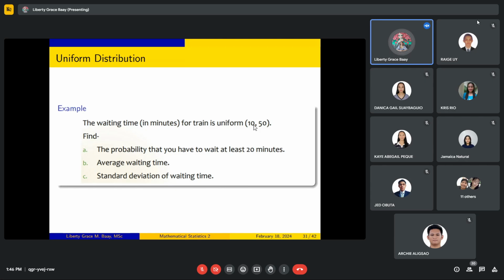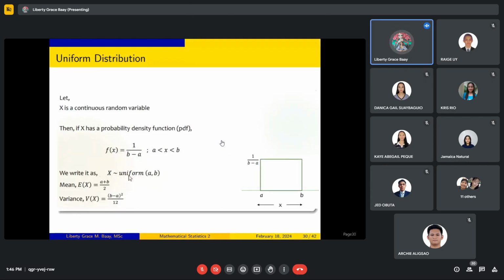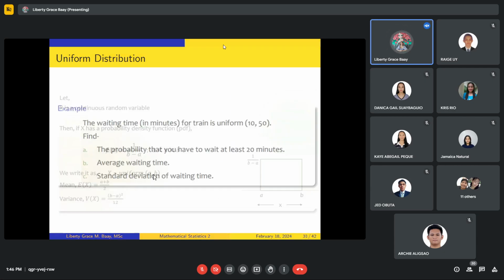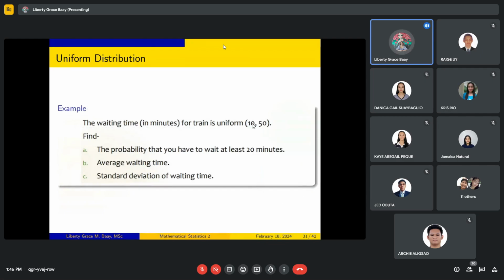Sorry, class, the first is a, the next is b. So x is uniformly distributed with a and b. This is the value of your a and this is the value for your b, so that we can get the mean and the variance.